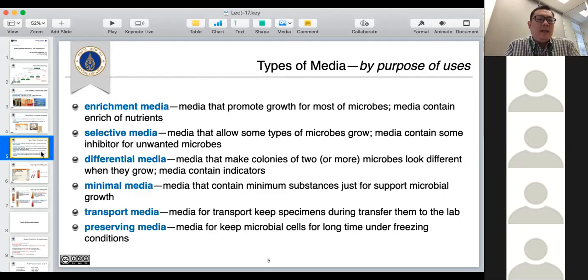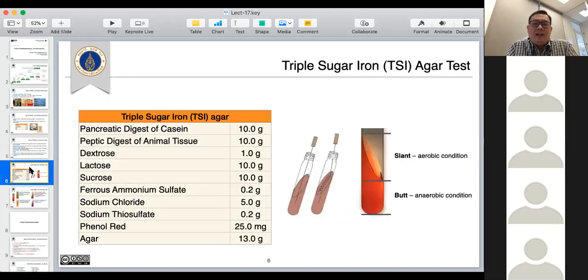A very important medium involved with gram-negative bacteria quite a lot is triple sugar iron, or TSI agar. We don't prepare TSI in a plate, but make a slant in a tube.